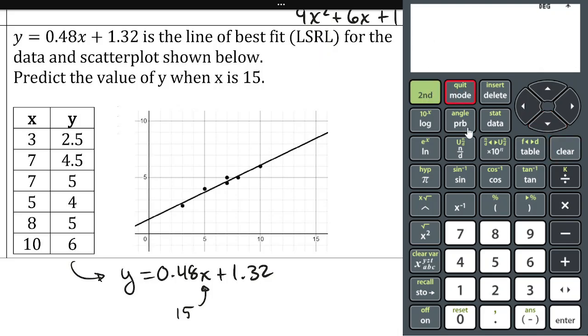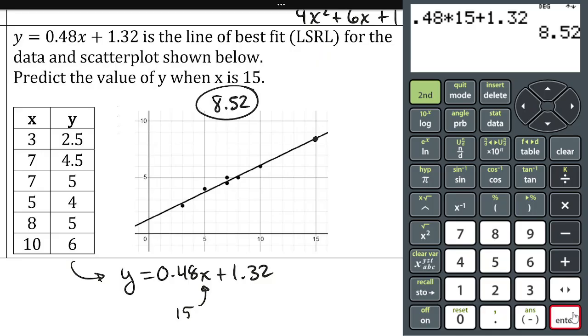I'm going to take the 0.48 and multiply it by the input I'm interested in, which is 15. And then I'm going to add 1.32. So when x is 15, this model says that y should be around a value of 8.52. So this is the predicted y. This is the y that we would expect to see when x is 15.